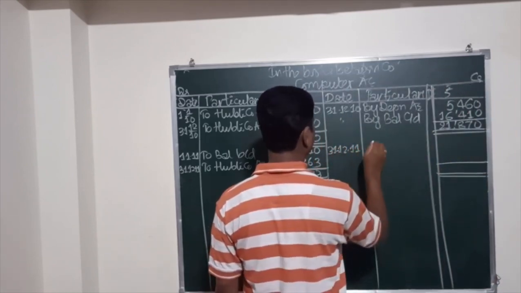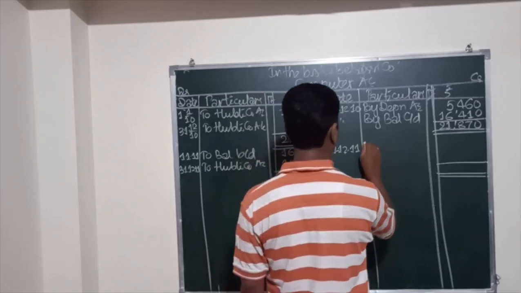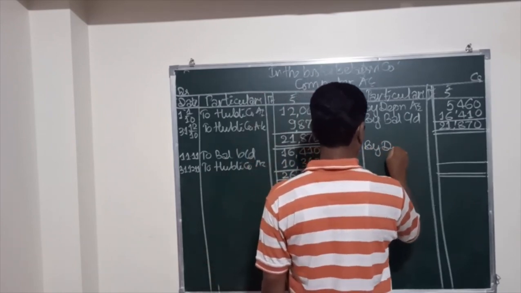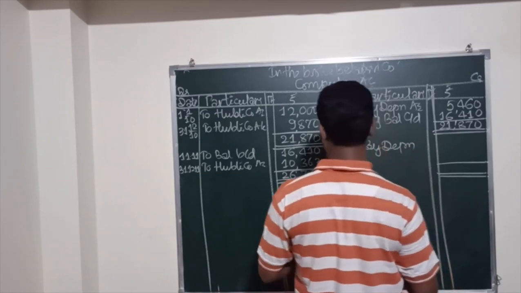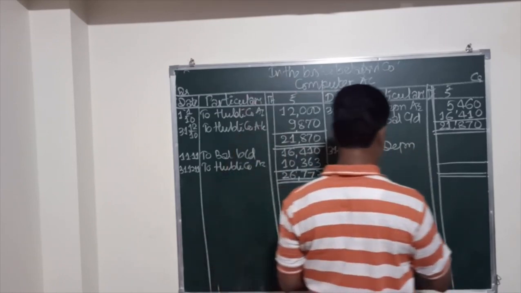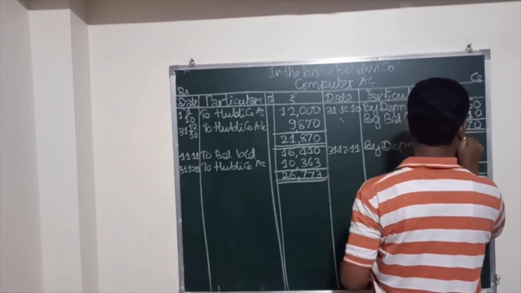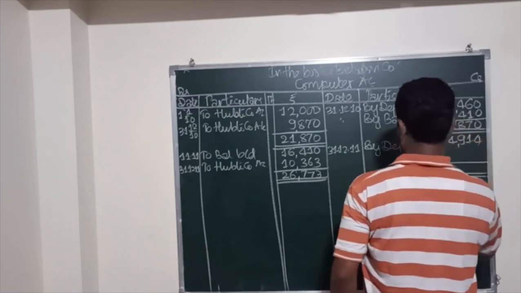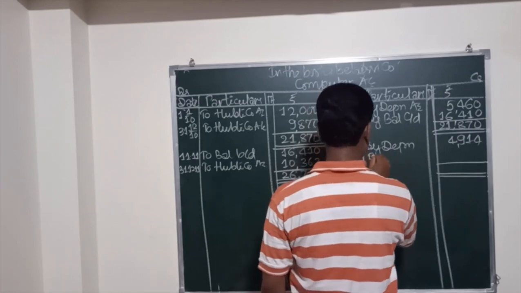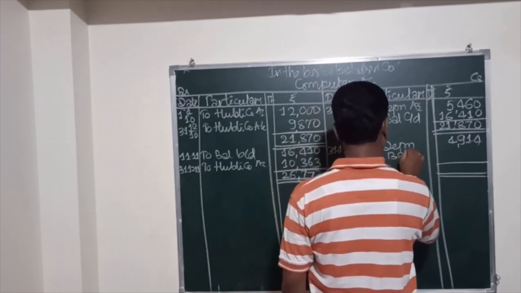Then here also let's write down here on 31st/12/11, when the depreciation is allowed, depreciation account debit computer account, so computer account is credited by depreciation. So the depreciation we have calculated as rupees 4,914. So now let's do the balancing here. So let us write down here by balance carried down.